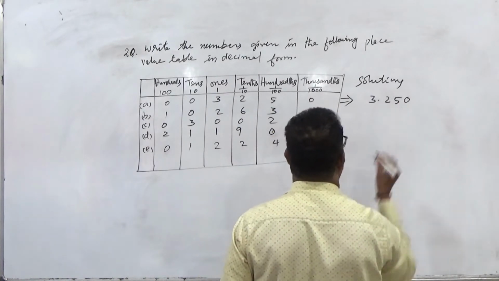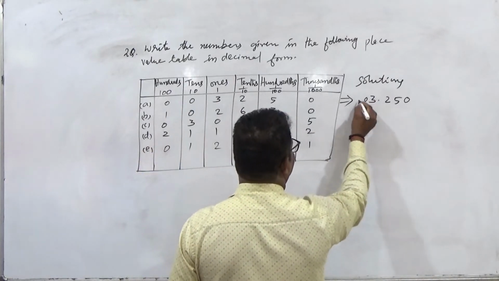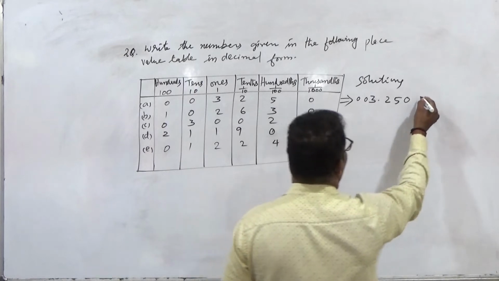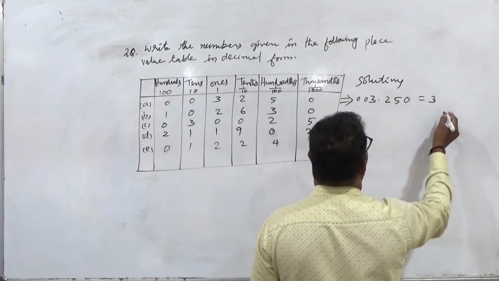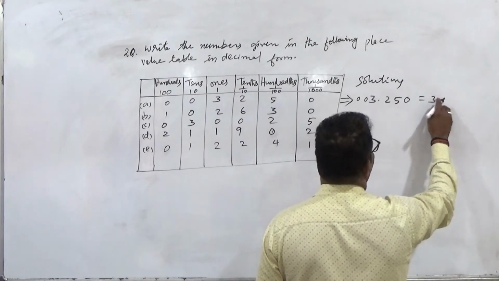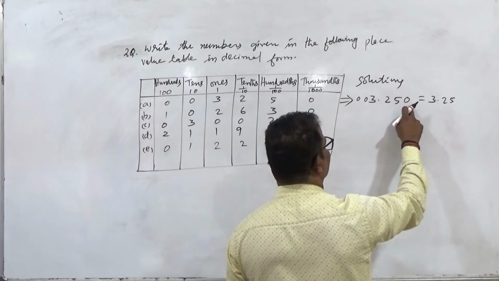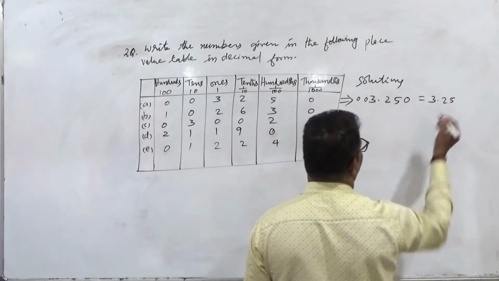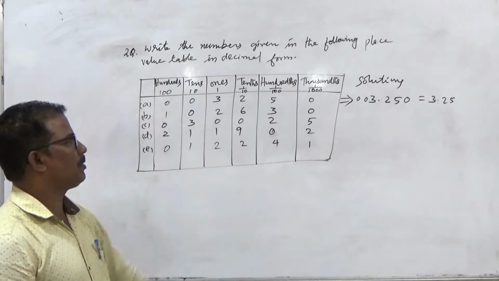If you want, you can write 0. After omitting the zeros from the beginning, we can write 3.25. From the last also, we can omit the 0 after the decimal. So it is 3.25, the decimal representation of the given numbers in the table.